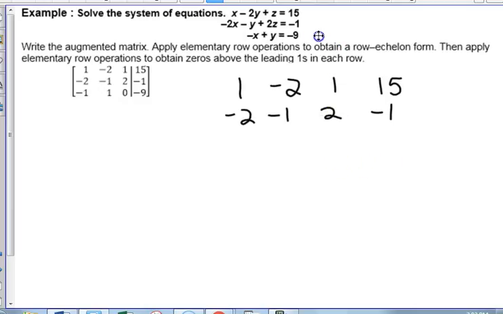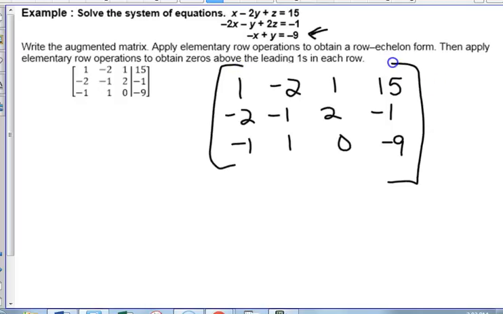What's tricky though? What's this third row missing? So it has to be -1, 1, 0, and -9. Do you understand why the 0 has to go here? Because it was the z that was missing. Everybody okay? What is this called? That's the augmented matrix.